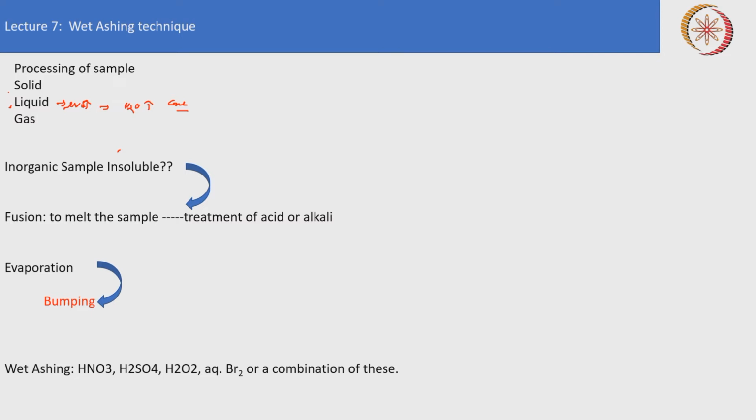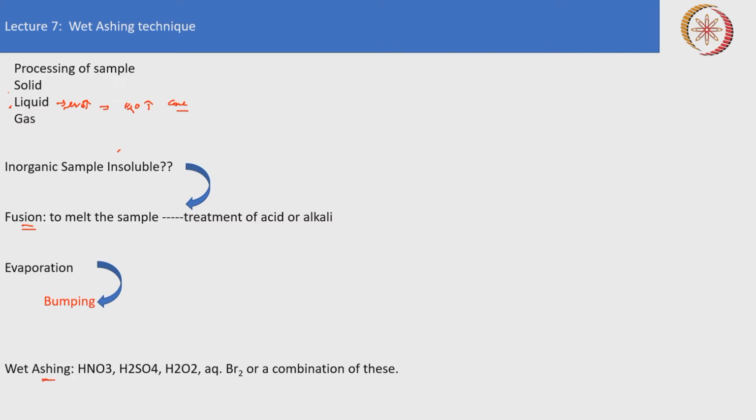Suppose you get a solid sample and it is insoluble in some organic solvent. What will you do then? We learned that you can do the fusion process. In fusion, you heat the sample at high temperature so that it melts, and then you treat the molten sample with acid or alkali, so that it can destroy the organic part of the sample.